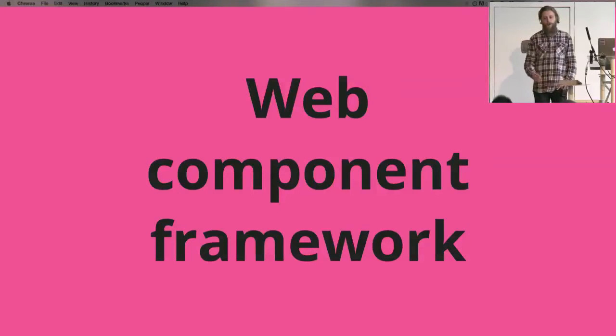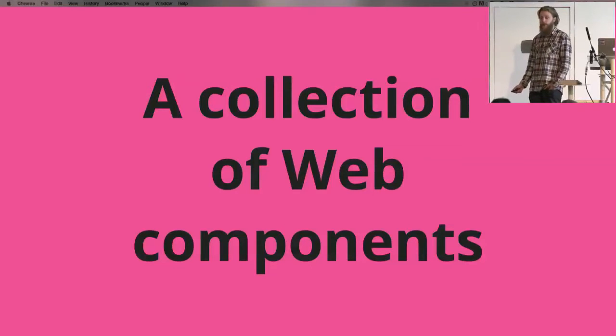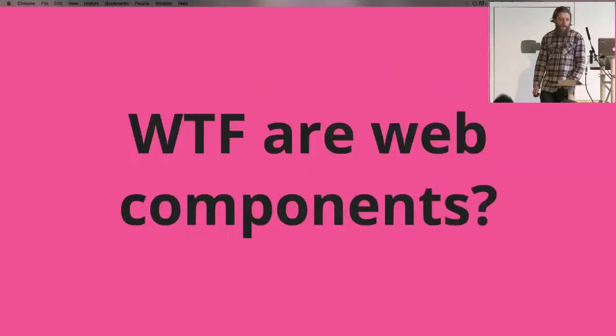Everything you can do with Polymer, you can do with web components. It just makes it a little bit easier to get going. It's also a collection of web components, so they have their own little web components. There's the core elements and the paper elements, I believe, but we're not bothered about them for now. I do suggest you take a look at them though, because they are fantastic.